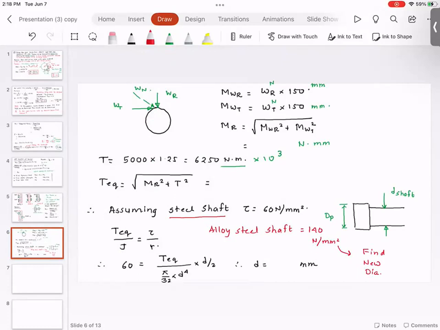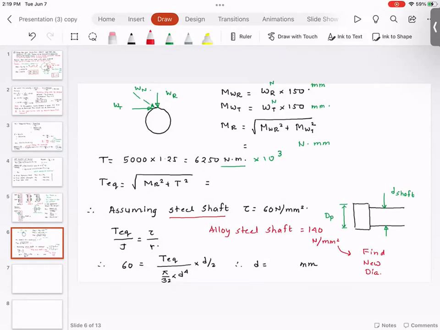So design is a process of iteration. Even if you don't get the correct answer in the very first go, you will have to repeat the calculations, use correct assumptions, and modify the design so it can actually be constructed, or you can purchase those catalog items and have that design materialize.